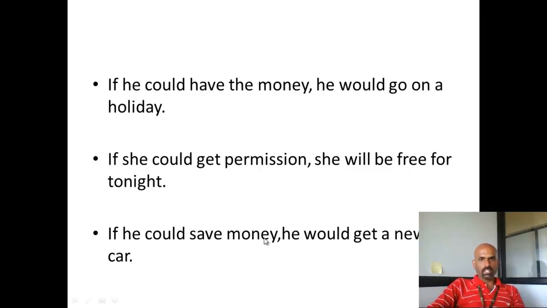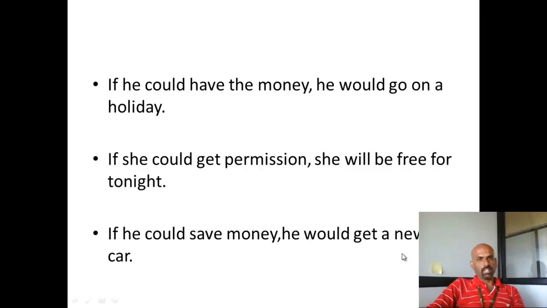If he could save money, he would get a new car. The second example is only an exception. Normally it will not come under the regular rule because it is in the future tense. But this is an exception, you can use it in the second condition also.